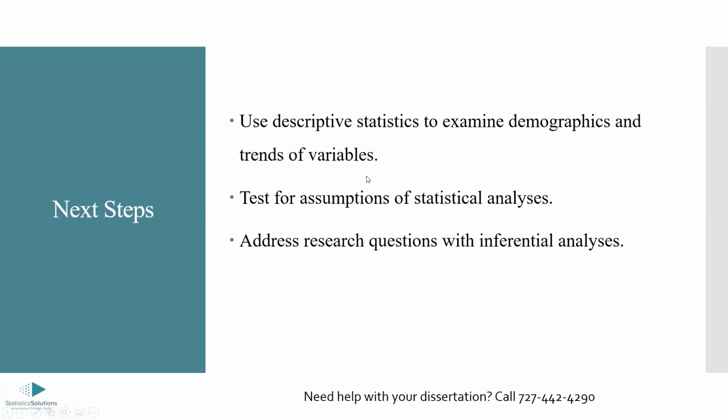Then you want to test for the assumptions of your analysis that you've proposed. So you have assumptions of normality, you have homogeneity of variance. If you're doing regressions, you have multicollinearity issues. You have to check for those things before running your actual inferential analysis.